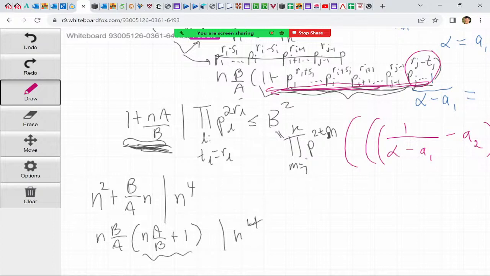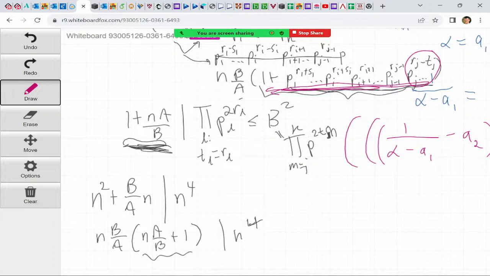Oh, so 1 plus this. So it's co-prime with that. That doesn't divide. Wait, are you saying it actually divides that or just divides some factor? Oh, it has to divide if it divides a factor.